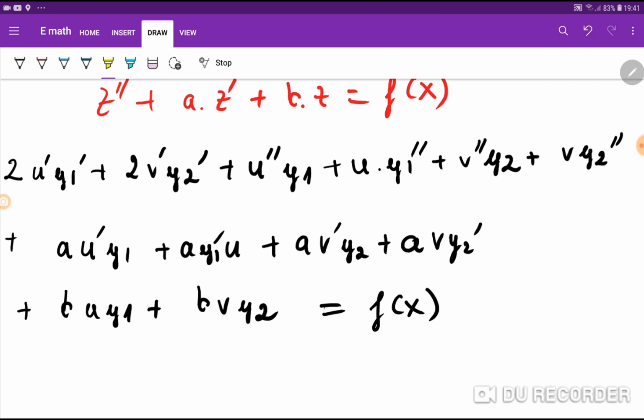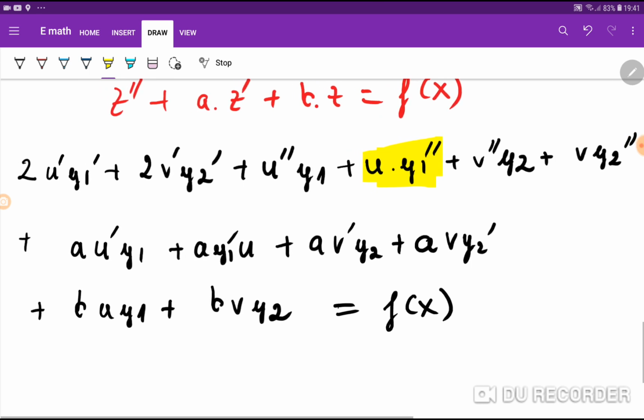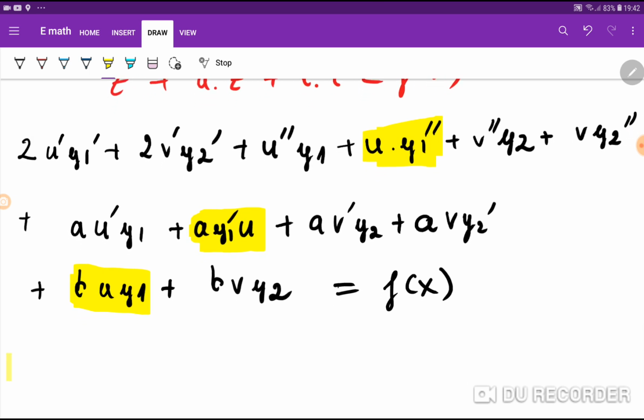Okay, I'm going to group u y double prime, u a y1 prime, and u b y1.